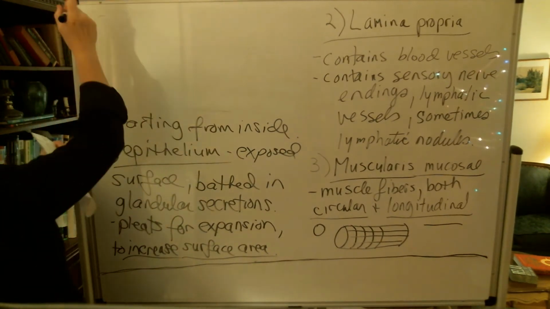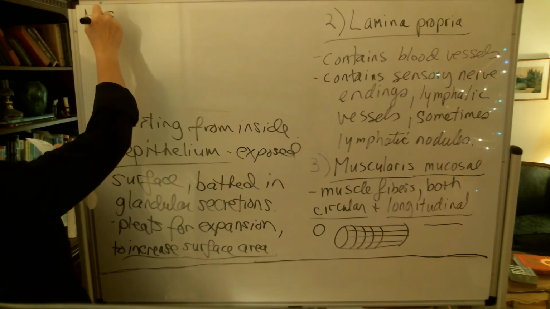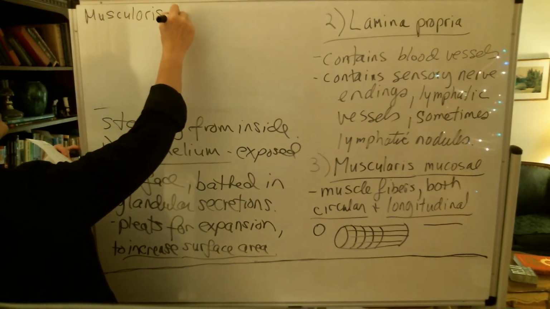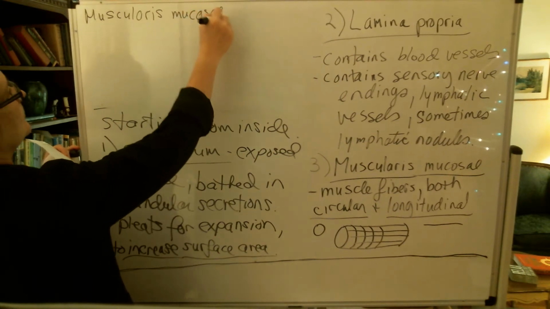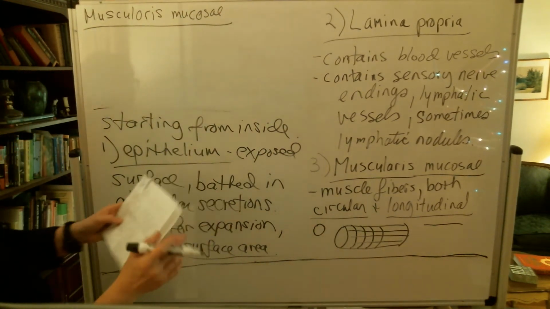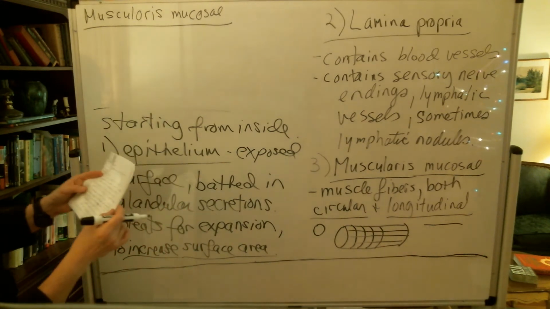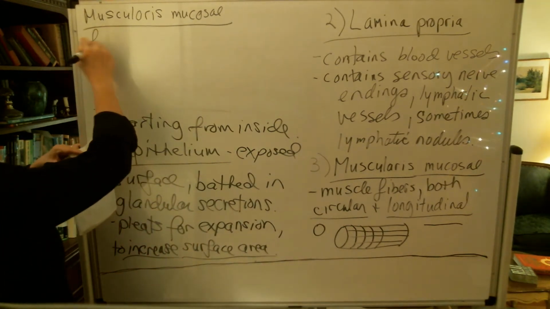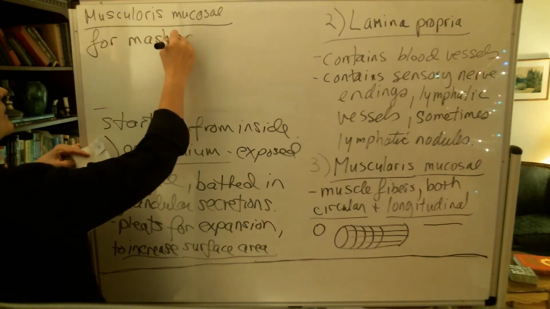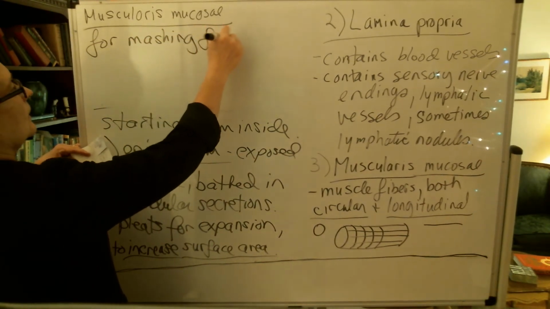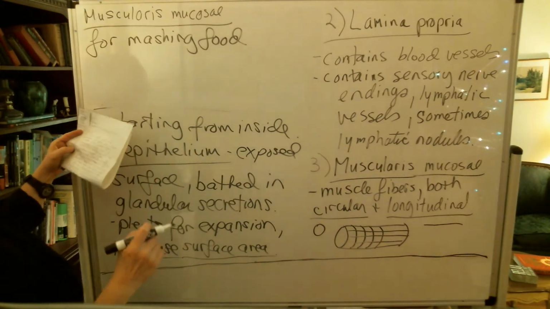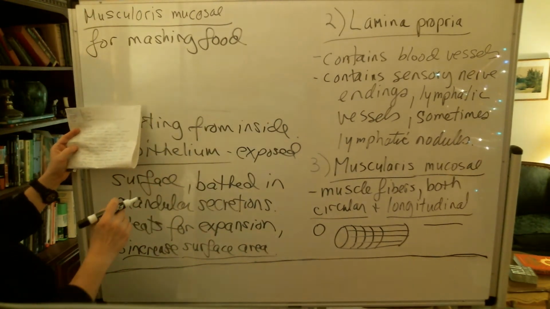We're still talking about the muscularis mucosae here. So it has the circular and longitudinal muscle fibers. And these then are for mashing food. So this just changes things a little bit, really.